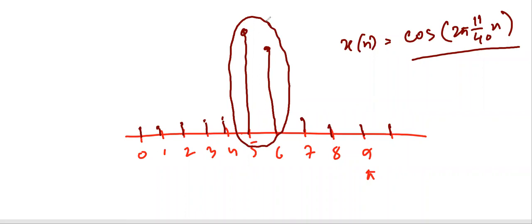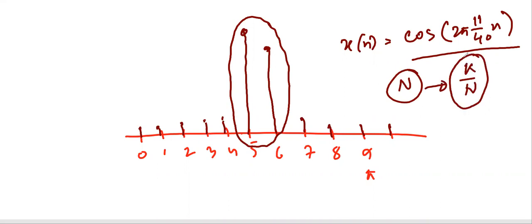It shows that whenever you are choosing the value of N, certainly the value of k by N for any value of k will not match 100%. How can you match these things? Is it possible? Previously, we took N equals 20. Can you give me one solution for how we can catch the specific frequency, 11 by 40?